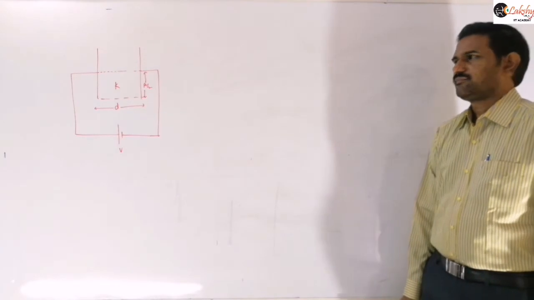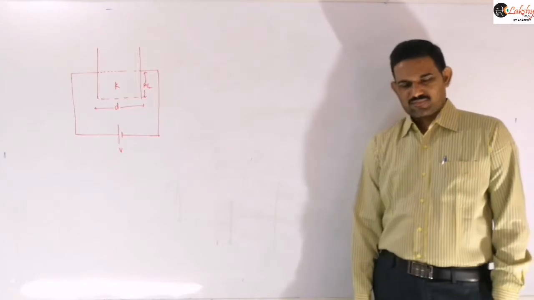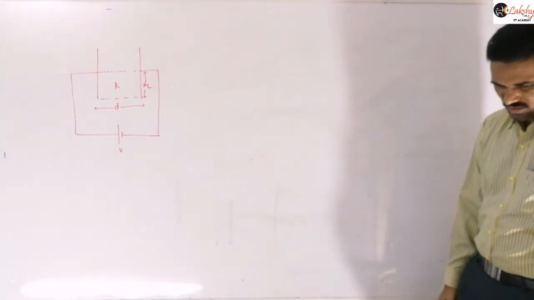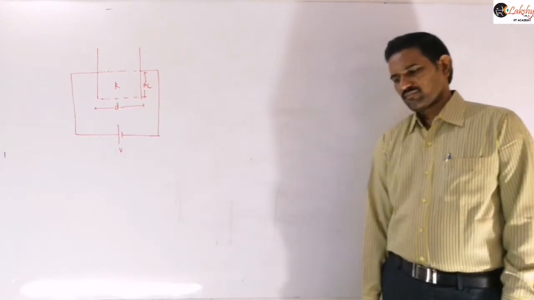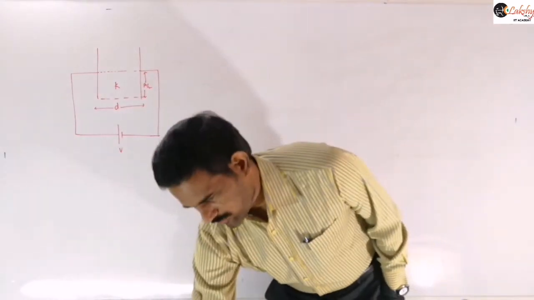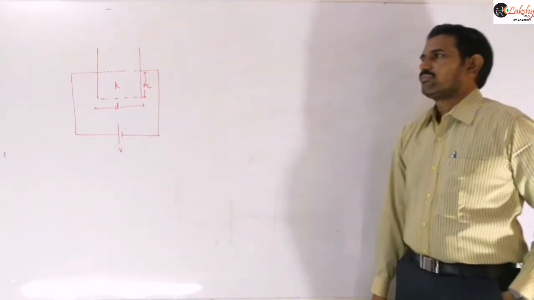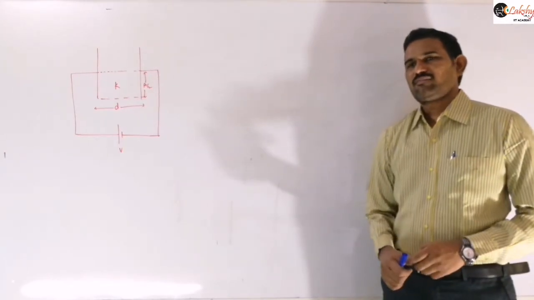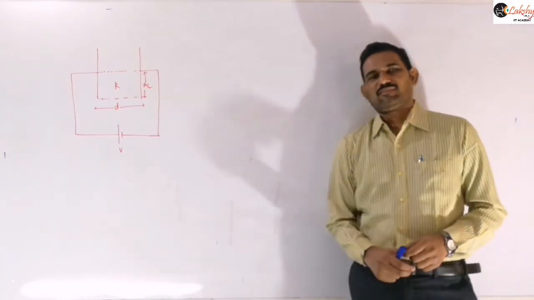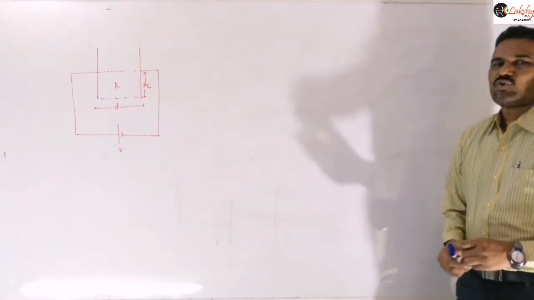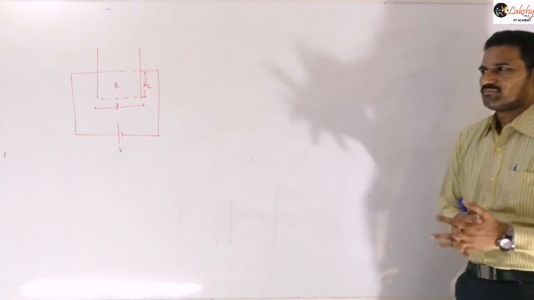Second, the total charge drawn from the cell. And next, find the charge on the upper half of the plates and the charge on the lower half of the plates, right?